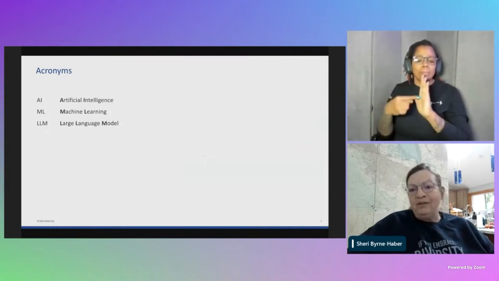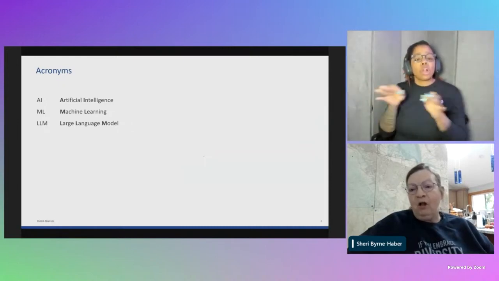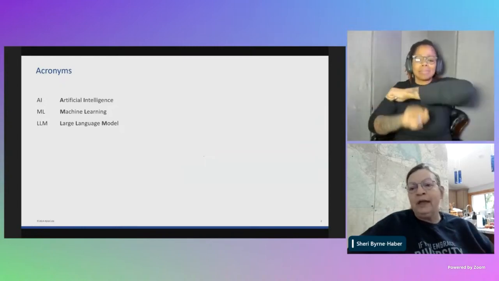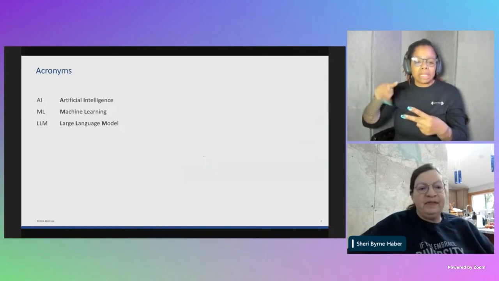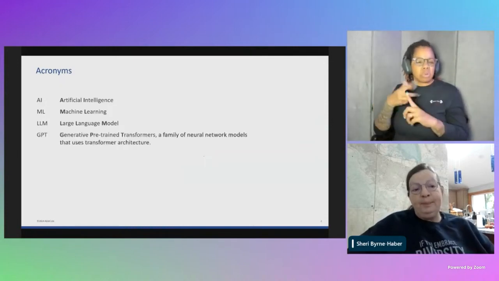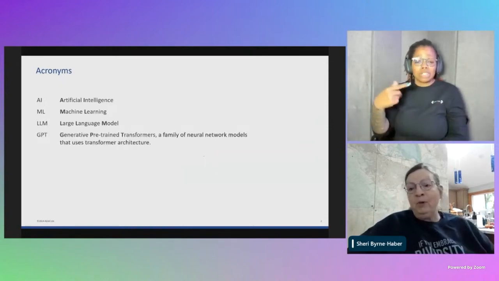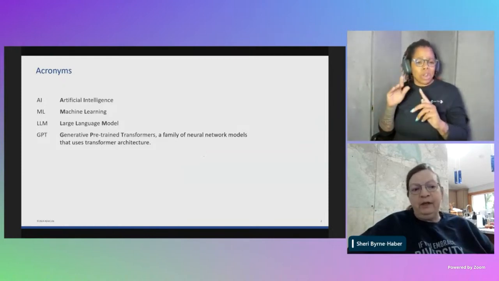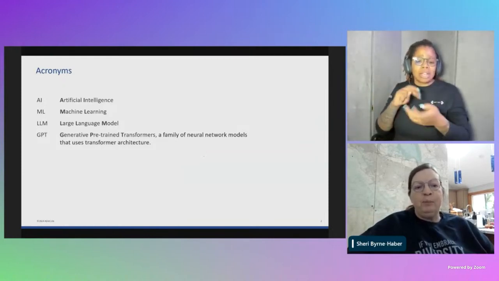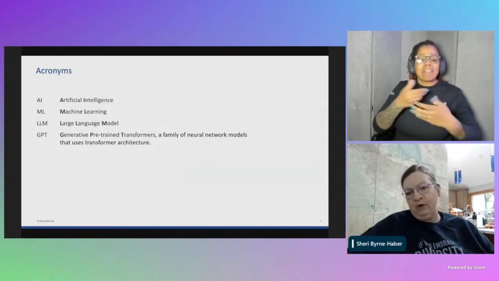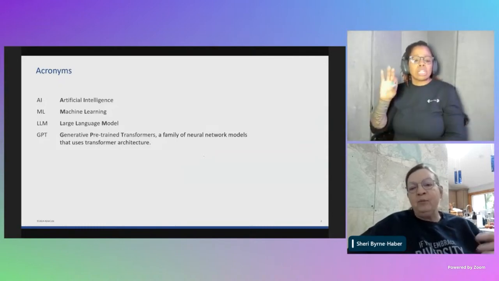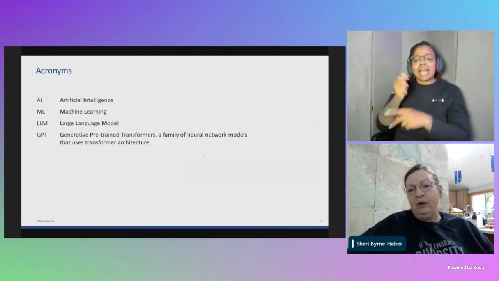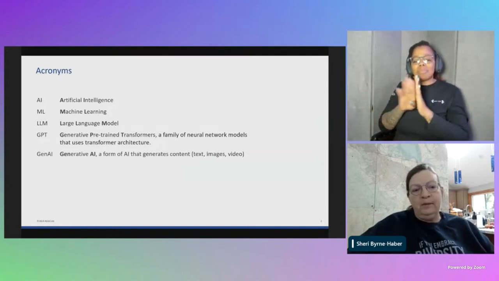Large language models are the basis for things like BARD and ChatGPT. We're going to be getting into those in some detail later. GPT, a lot of people don't know that it's actually an abbreviation, stands for generative pre-trained transformers. So it's the type of AI technology that was used to build that interactive framework.